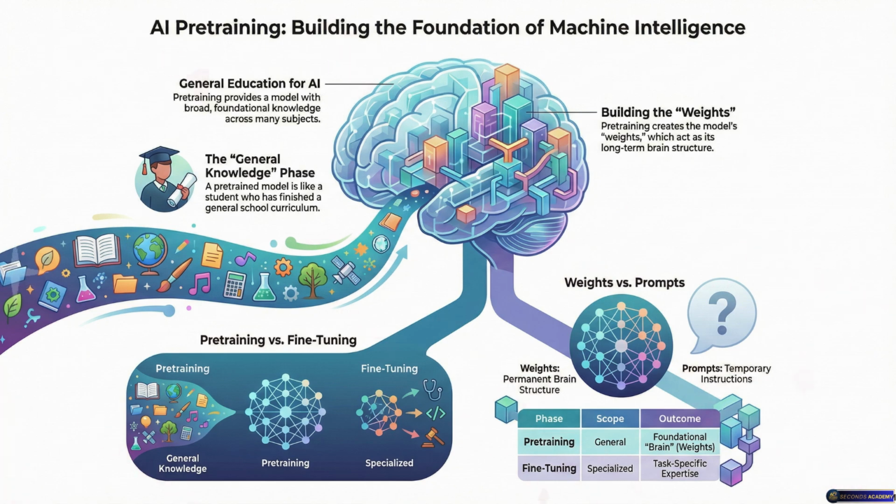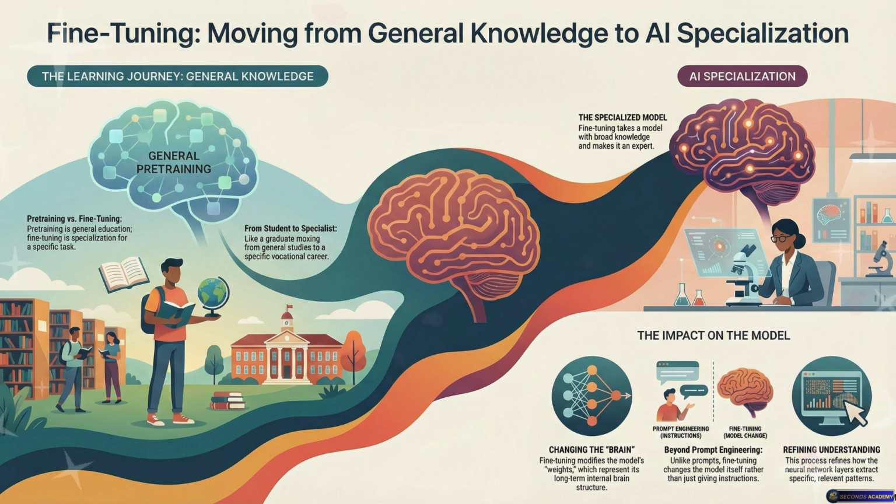So to make it useful, we move to the second phase, fine-tuning. Yes. This is specialization. It requires a tiny fraction of the compute power compared to pre-training. Maybe just a single GPU for a few hours. Oh, that's way more accessible. Yeah. You take that massive generalized base model and you train it further on a much smaller, highly curated data set. Like what kind of data?